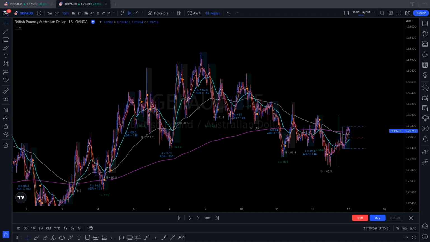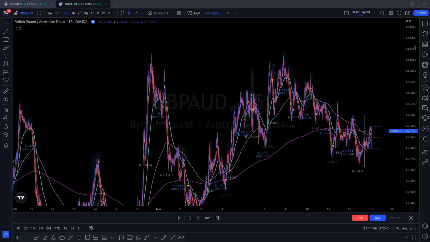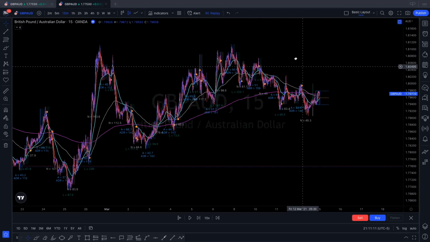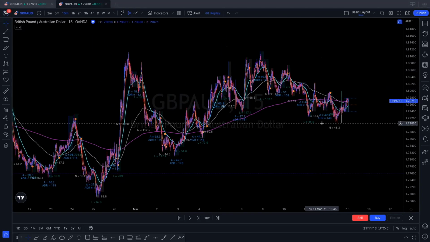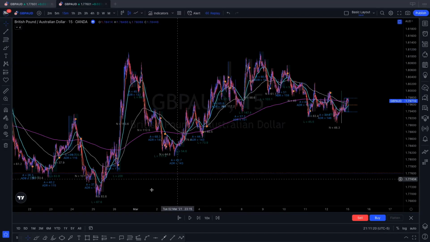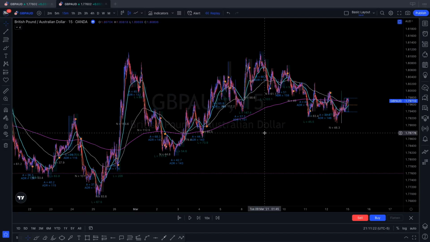So we need to find out what is the directional bias on this pair. So where do we start from that? Where is our closest peak? Would it be here, down here, up here? Which one?